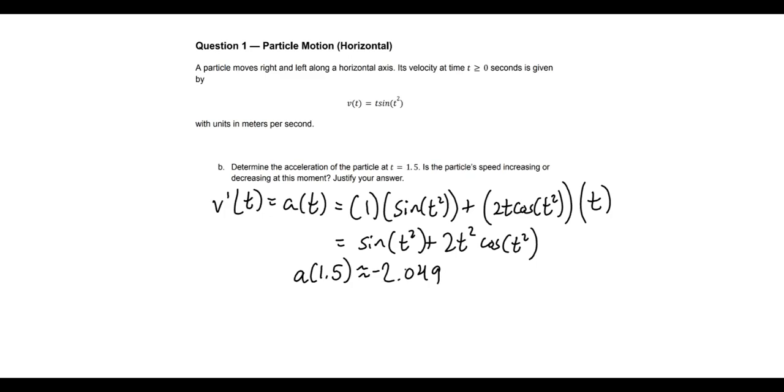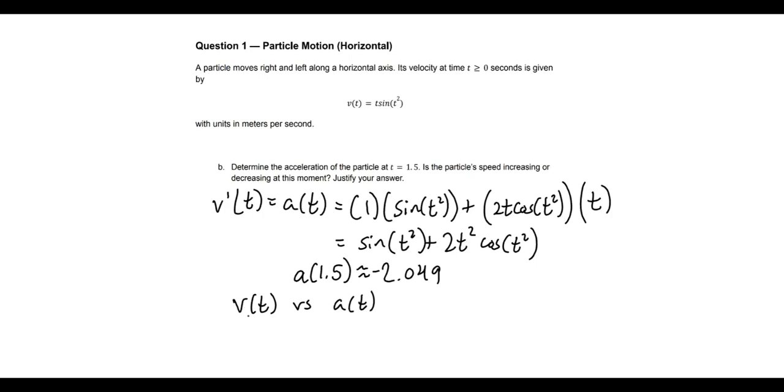That's the acceleration. Now, how do we find out if this particle is speeding up or slowing down? Well, what we're going to do is compare velocity and acceleration. You see, if velocity and acceleration have the same sign, so they're both positive or both negative, that means the particle will be speeding up. But if they have opposite signs, that means its speed will be decreasing.